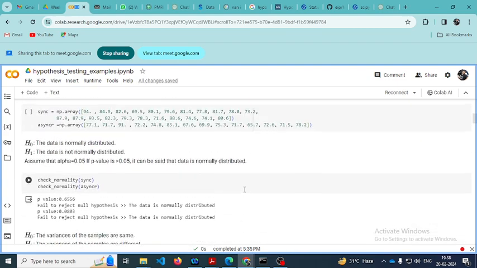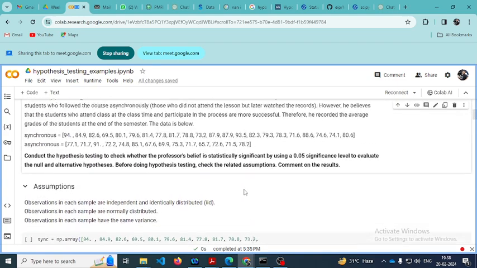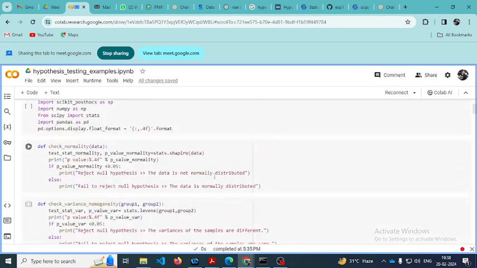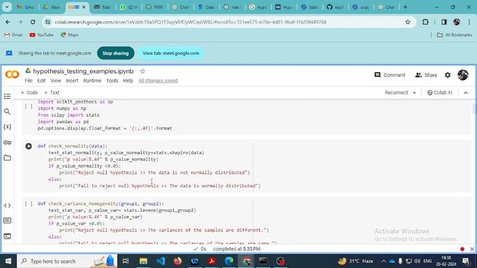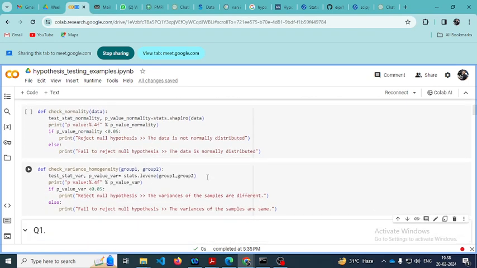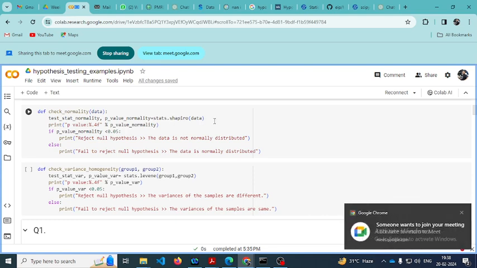Once again I am saying, when you are going to call this particular Shapiro statistical function, or when you are going to use Levene's test, it depends on the kind of data. If you want to check the normality, and you have two groups of data, then you can call the Shapiro function.